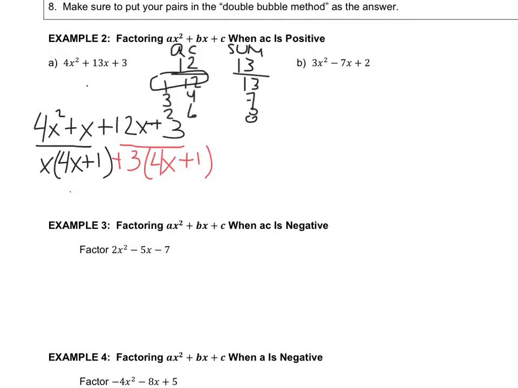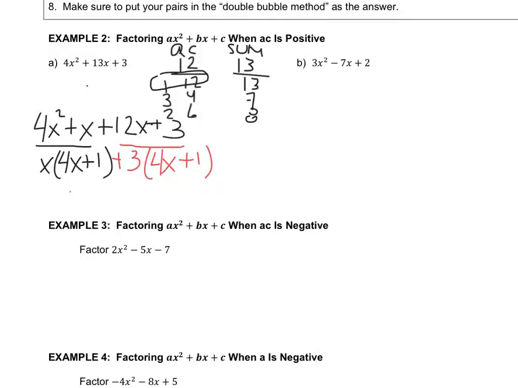Then when I move on to the next step, the next step said to us that we need to make sure that the binomial inside the parentheses is the same. Well, we do. We have 4x plus 1 and 4x plus 1.